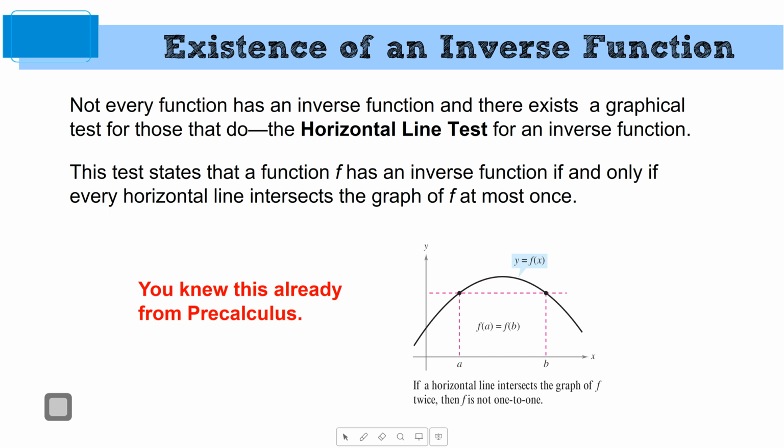Not to be confused with the vertical line test, which tests whether or not an equation is a function. The horizontal line test works the same way. If you draw any horizontal line through the function and it hits in more than one spot, then the inverse is not a function. So that upside-down parabola looking picture is a function because it passes the vertical line test, but its inverse would not be a function.